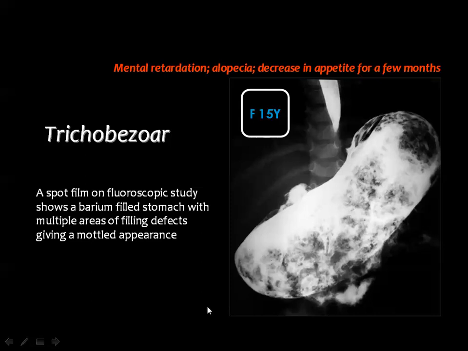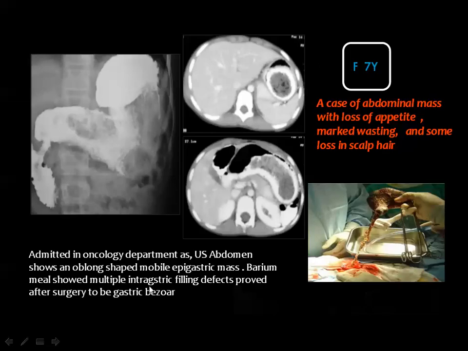This is a mentally retarded female child with alopecia and decreased appetite for a few months. The barium swallow showed that the stomach is full with a big mass, where barium goes between the interstices of the mass itself. This mass, of course, is made of the patient's hair, and the hair is undigestible, as you can see here.